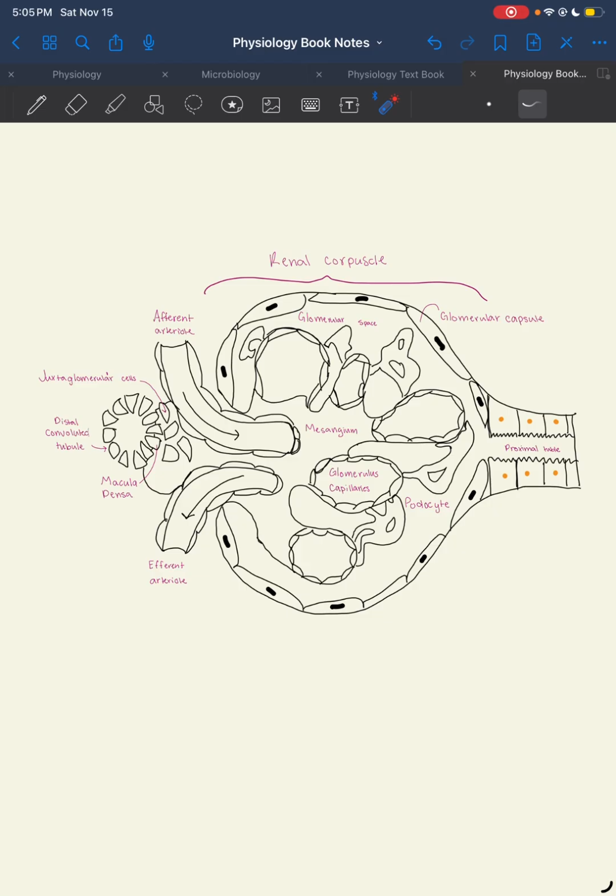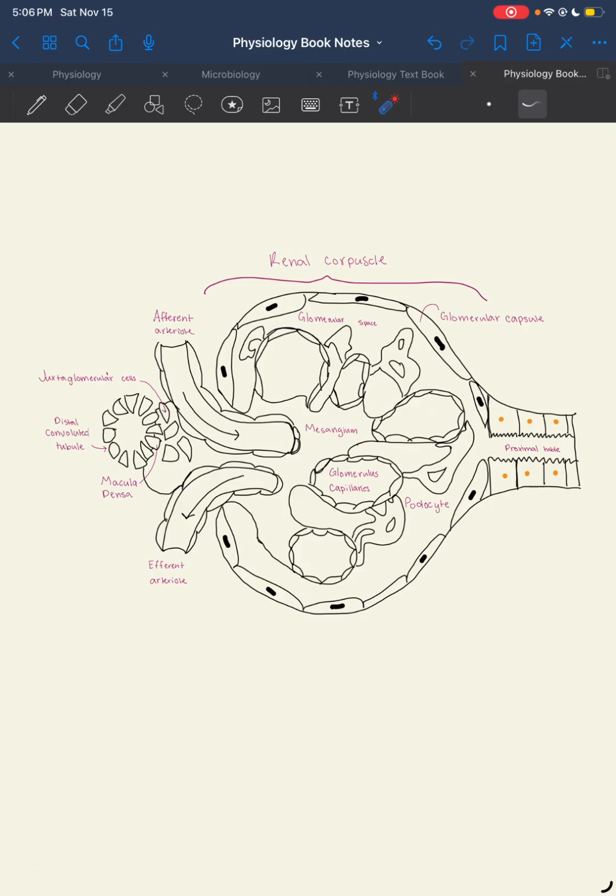Filtration takes place in the renal corpuscle, which is this whole thing, and that includes the glomerulus and Bowman's capsule. Blood enters the glomerulus through the afferent arteriole, so right here.